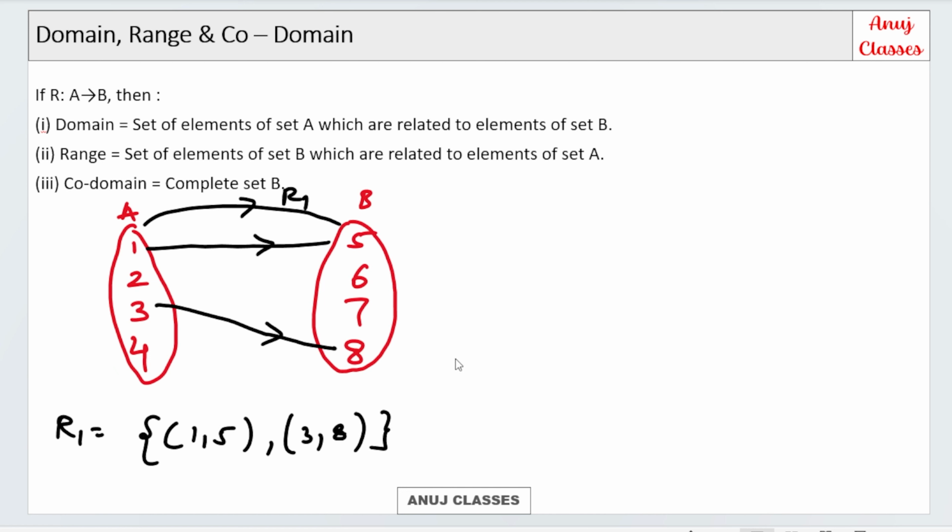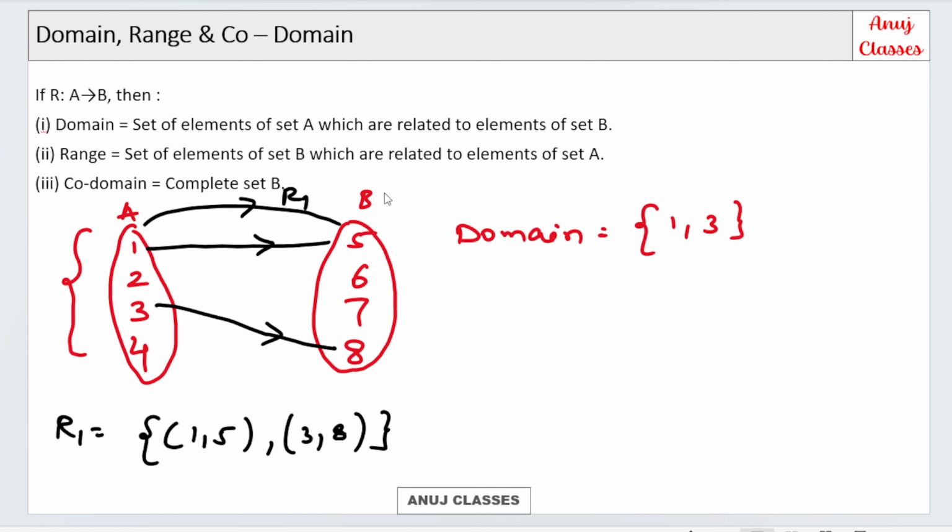Now what we have to do is find what is the domain, what is the range, and what is the codomain. So by the definition, what is the domain? Domain is all the elements of the set A which are related to B. So I can write here that domain is equal to 1 and 3. Now we will see range.